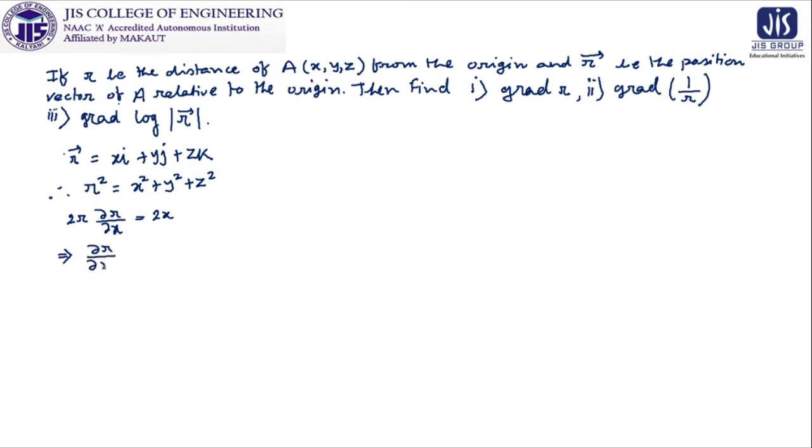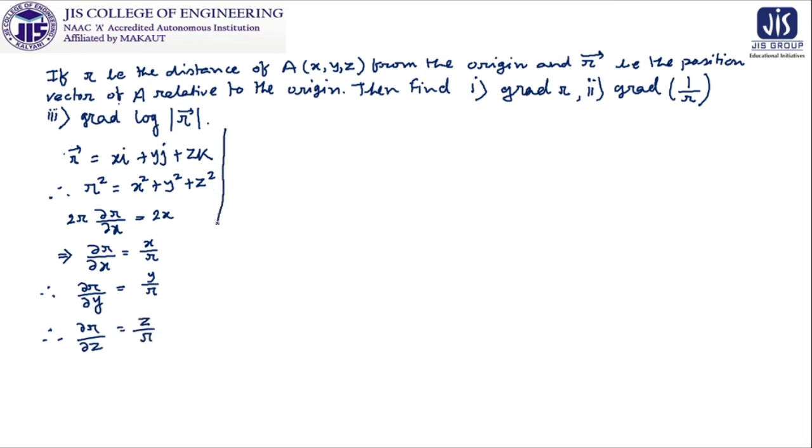Del r del x is equal to x by r. In a similar manner, del r del y is equal to y by r because it is a symmetric expression, and del r del z is equal to z by r.